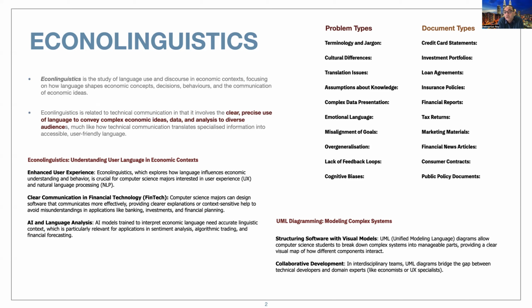If somebody takes a loan and has no understanding or completely misreads a loan agreement, what's going to happen? If somebody is working on an investment portfolio, a risk-averse individual may be investing in a high-risk product without understanding the consequences just because of the language. It happens all the time, and not enough work is being done in this area of econ linguistics.